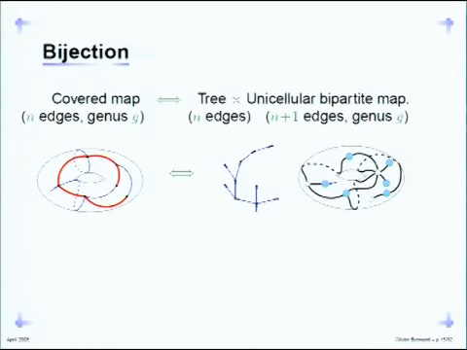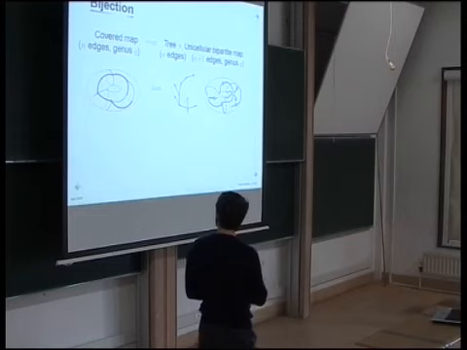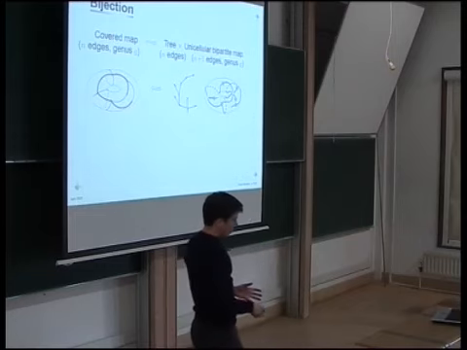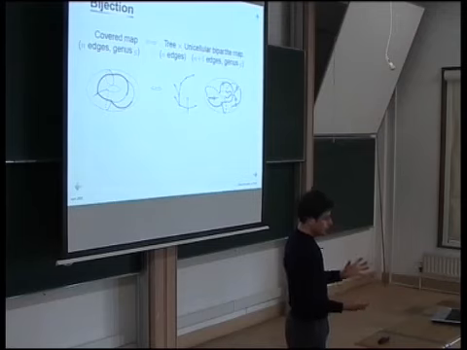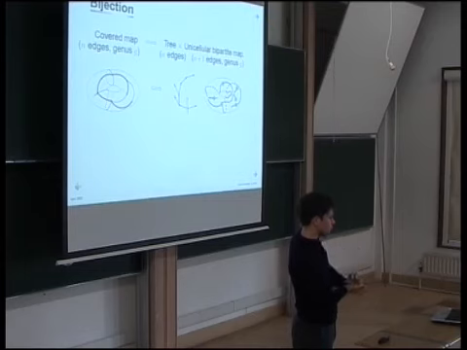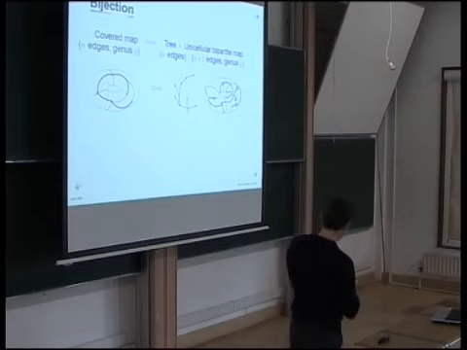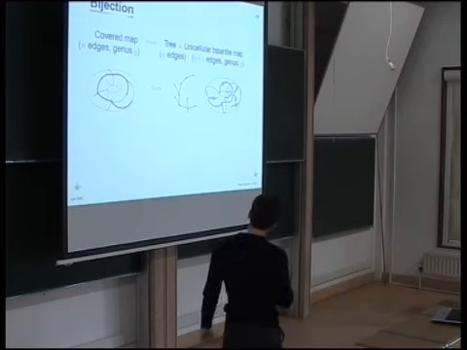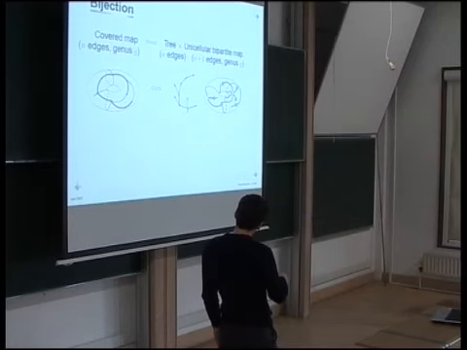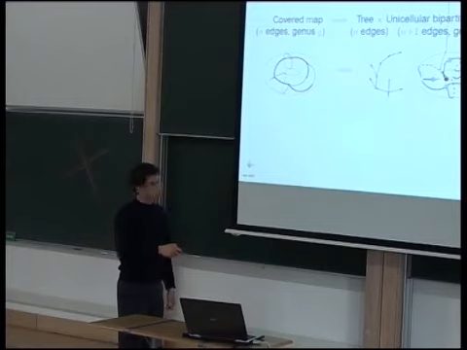The philosophy of this bijection is that these covered maps are a tree that is folded onto itself in order to construct a map. And this is telling you how to fold this tree into the map.